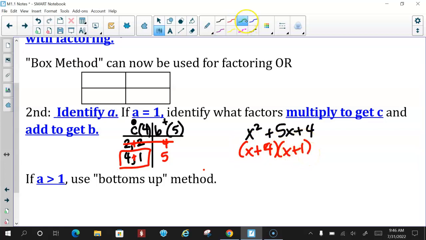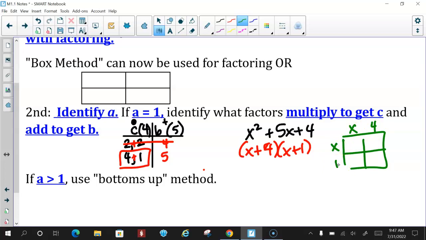Then, if you're still trying to make sure that you understand, how could we check our work? Go the other direction. If I'm saying that that's the factored form, then you can check by multiplying and using that box method. So I've got x, positive 4, x, and positive 1.